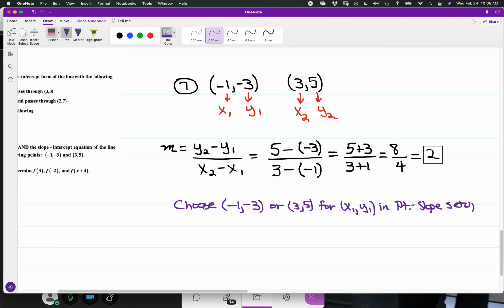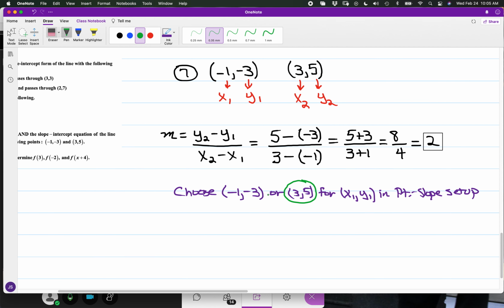If the inclination is to say that, well, because I used x1, y1 with -1, -3, I'm going to go with this, that's a viable option. If one wants to sidestep working with negatives, you can choose this ordered pair. So there's no one right way between these points. You could choose either one. And say if I were to go with (3, 5), we'll have the point-slope equation setup.